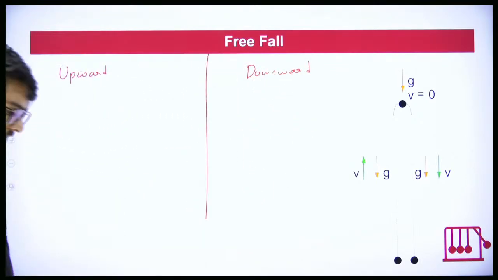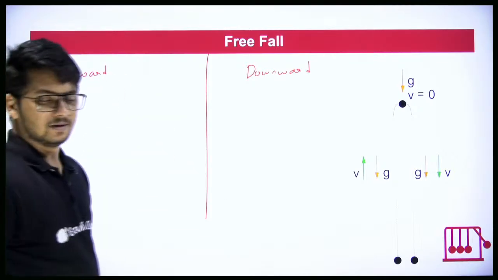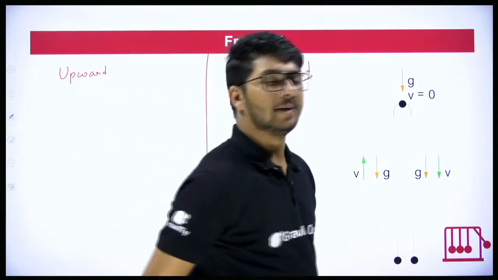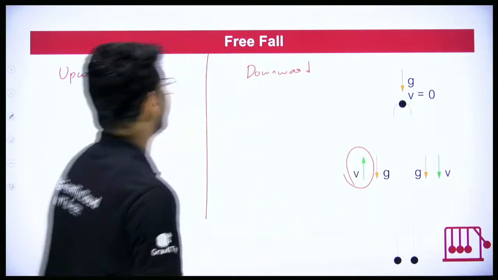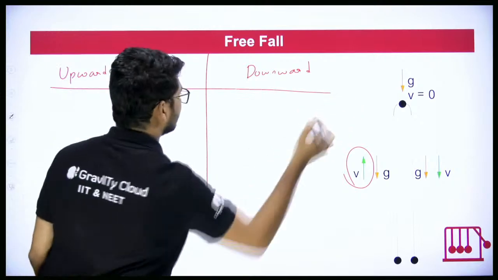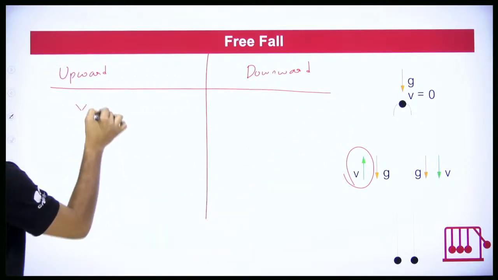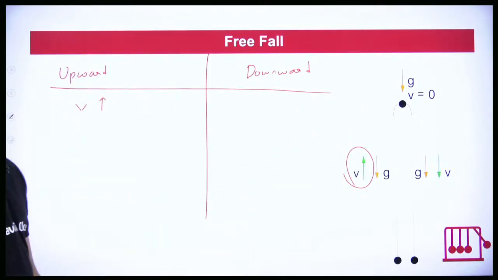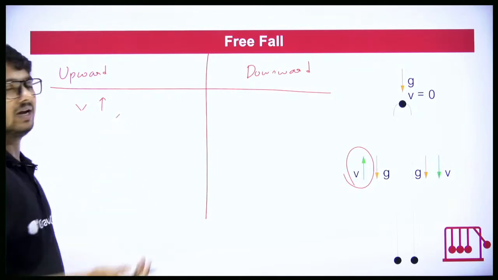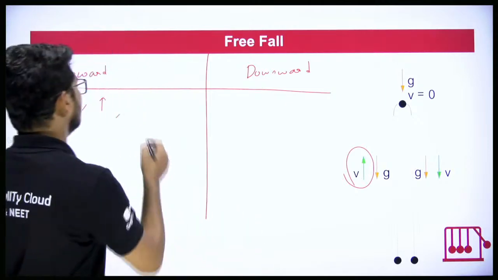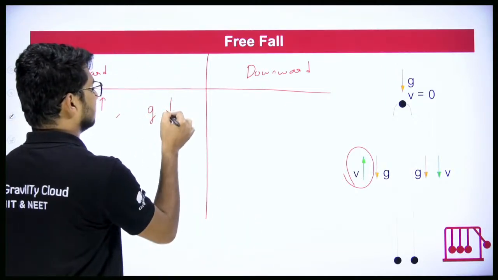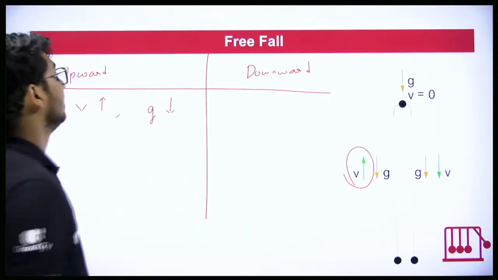So start imagining. When you throw a ball up, what happens? See this. It will be going up, so its velocity will be upwards. But as we know, there is only one force acting, gravitational force. Gravitational force is downwards. So acceleration, or acceleration due to gravity, will be downwards.